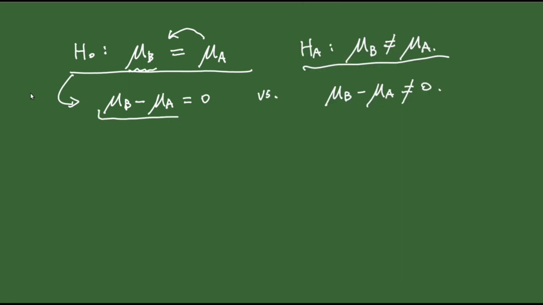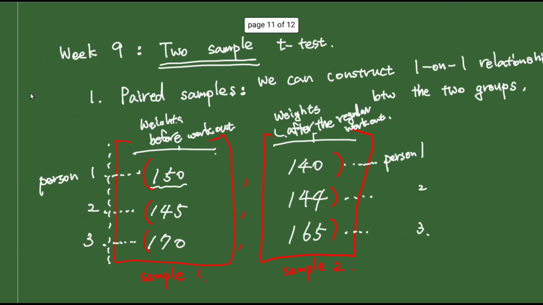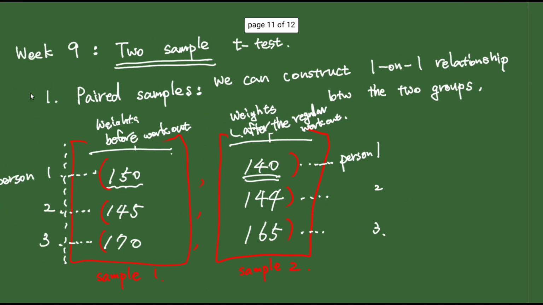And also, when we think about this thing, we have direct observation of this difference between the mean weights before workout and after workout, like the difference between the paired numbers. So for example, in here we have 150 and 140 as a pair, so the difference between before weights and after weights is 10, right?